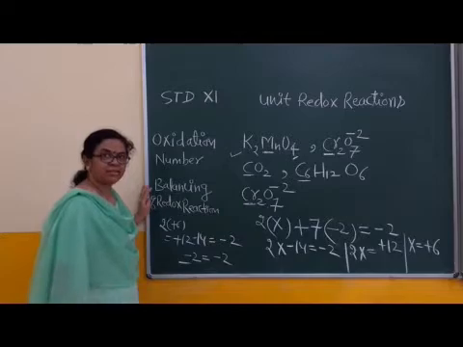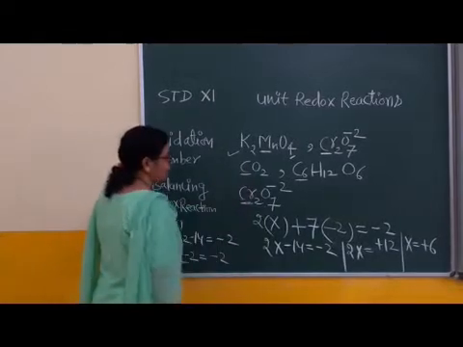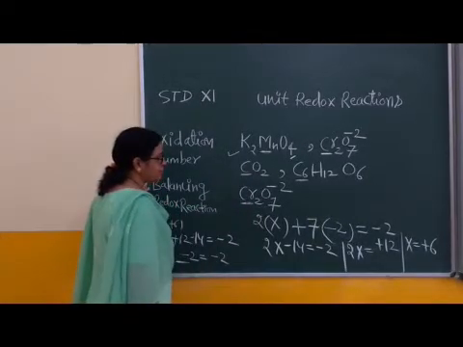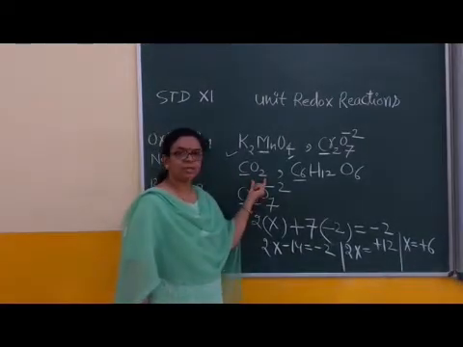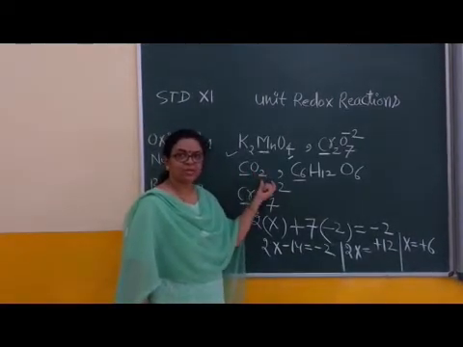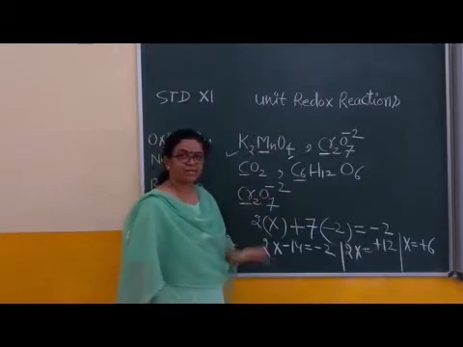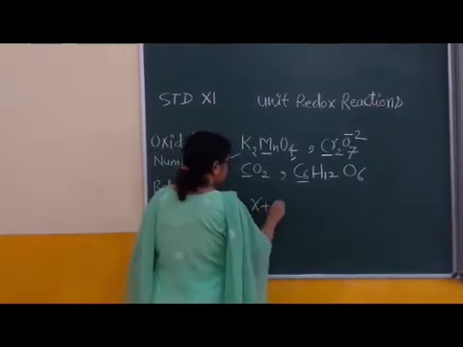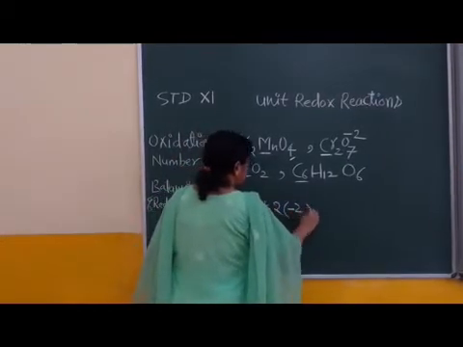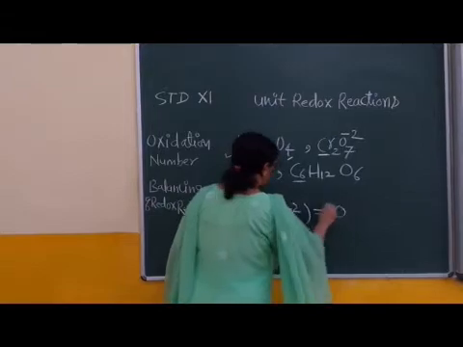Right? Apply the same method. Third is carbon dioxide. Charge on a single oxygen is -2. Total 2 atoms are present, so -2 into 2 is equal to -4. What is the charge on carbon? Carbon dioxide is a neutral molecule. X plus 2 into -2, neutral molecule, is equal to 0.